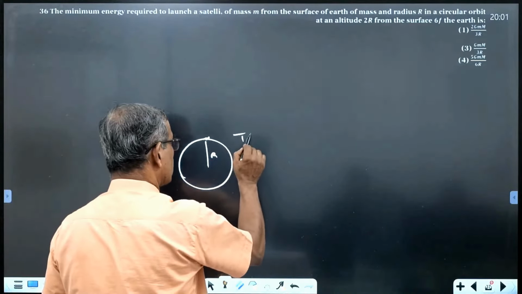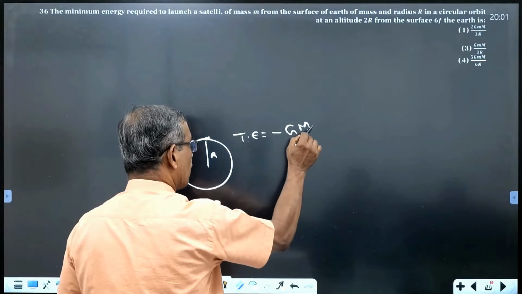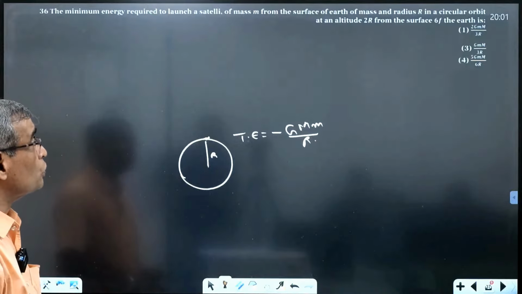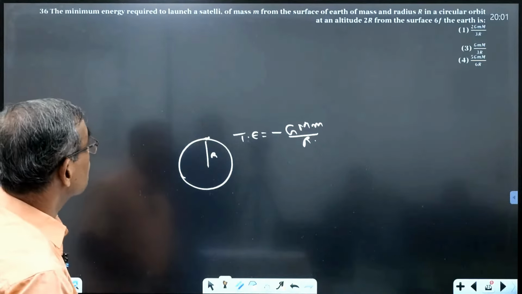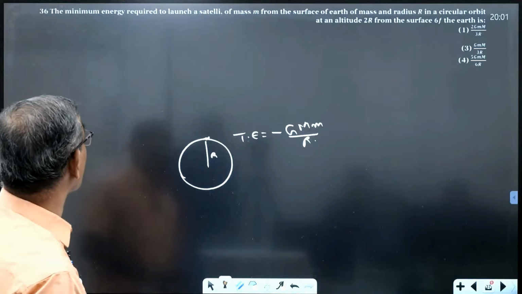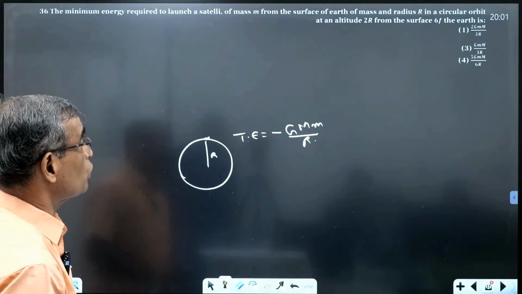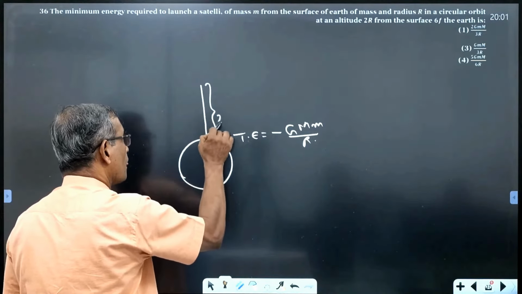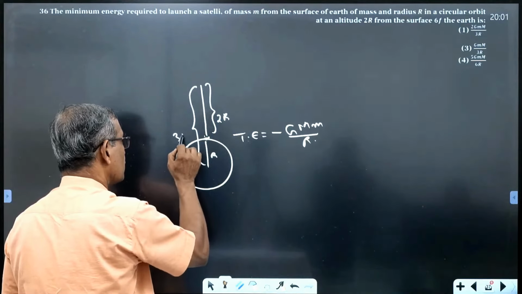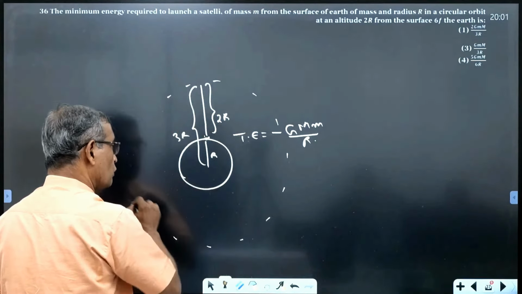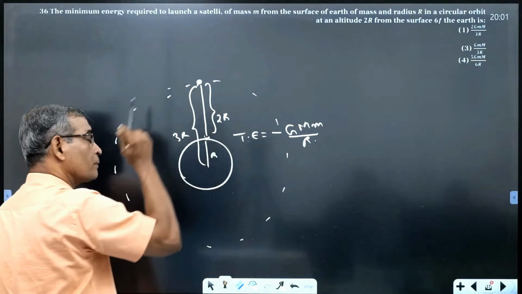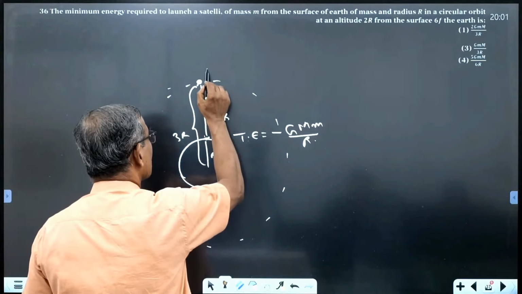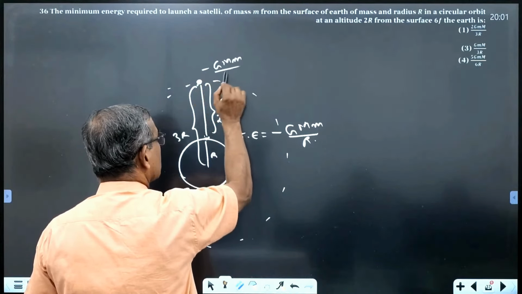The total energy at this point is given by minus GMm by R. Now, what we have to do is take it from the surface of Earth of radius R into a circular orbit at an altitude 2R. Therefore, the radius of the orbit is equal to 3R. And we have to convert that into a satellite there. If you simply take the body to that point, the potential energy is minus GMm by 3R.